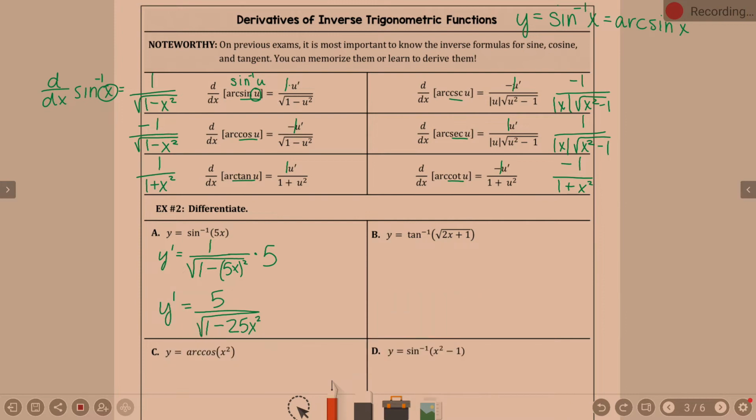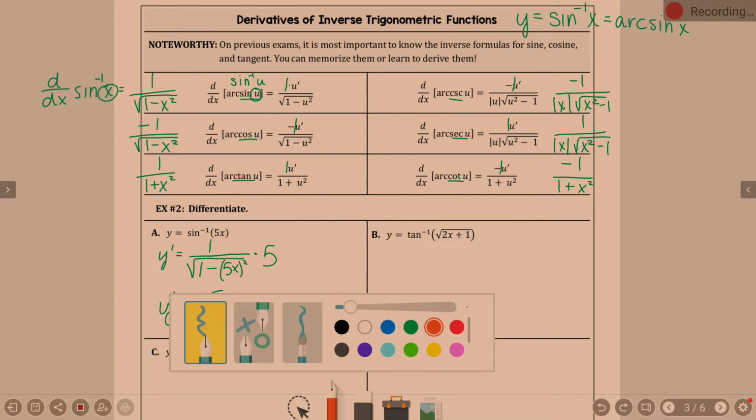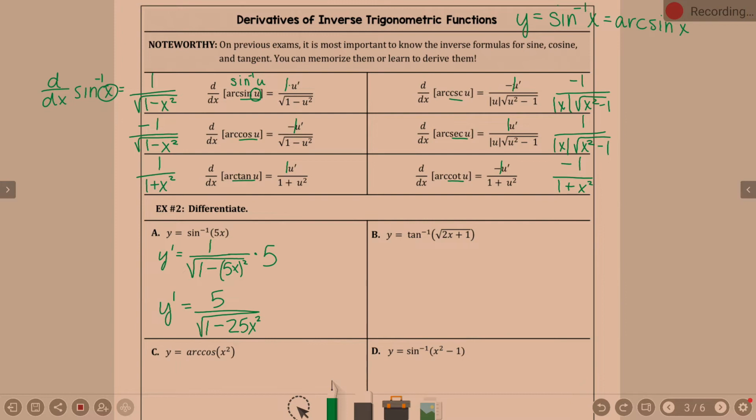It might be helpful, but I don't even know if I want to mention it. Nope, we're just going to go with it as is. You guys seem comfortable with that? So, the answer key may be a little iffy in places because there's a lot of U substitution used. We'll have to see. Okay, let's try B.